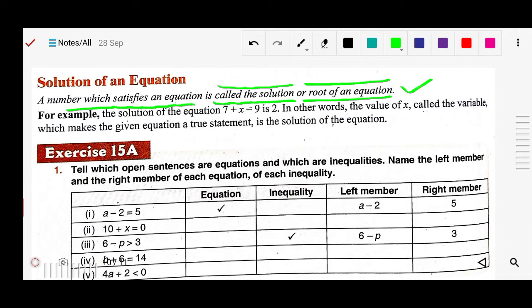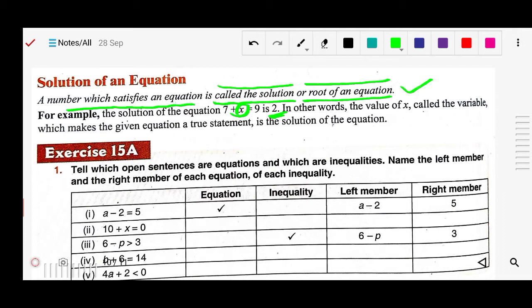A number which satisfies the equation means whatever the value of the variable, the unknown quantity. Suppose here x, whatever value we get, say 2, it means that 2 is the solution of this equation that satisfies this statement, or you can say the root of the equation is 2.